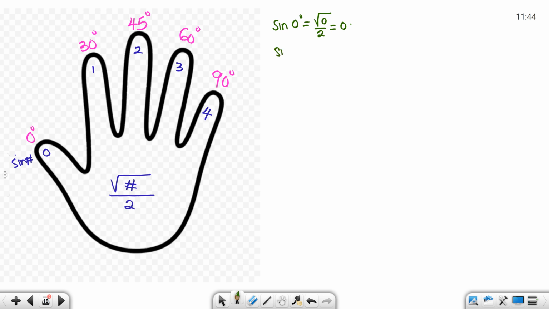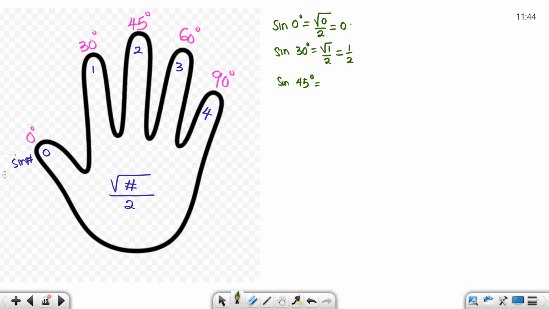All right. Sine, what's the next angle? 30. What's the number? So it's root of 1 over 2. What's the square root of 1? It's 1. You want to confirm what sine 30 is for me? Sine 45 degrees.